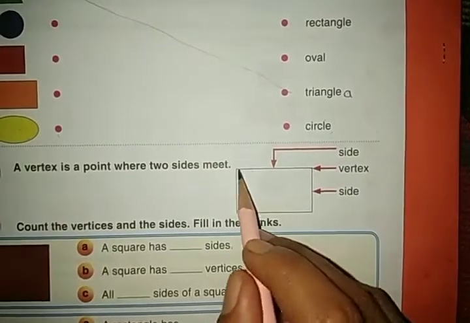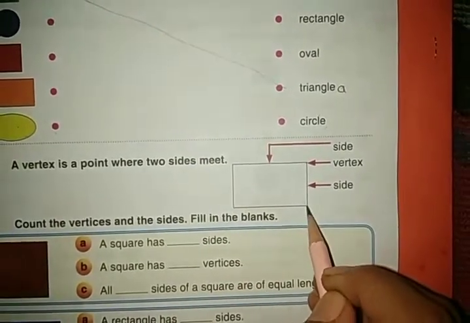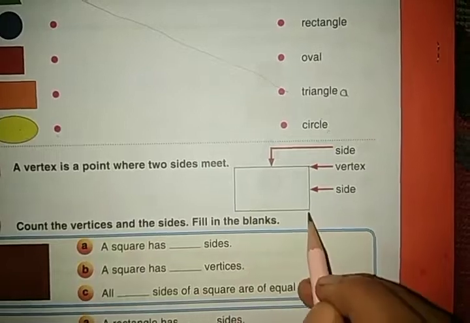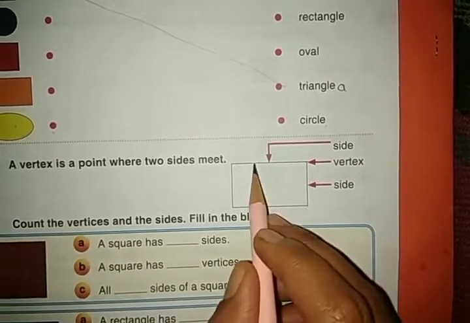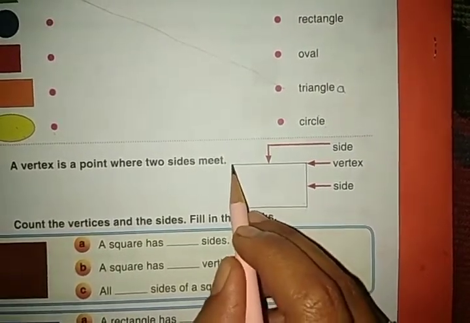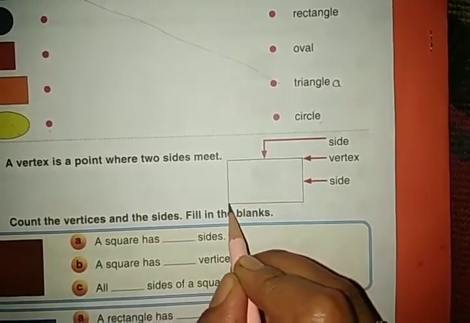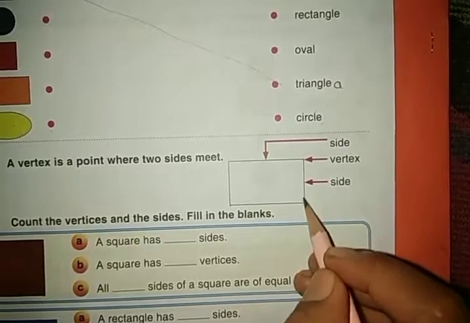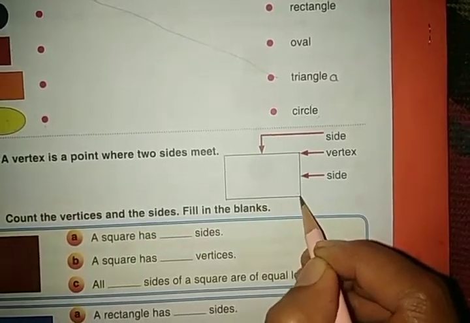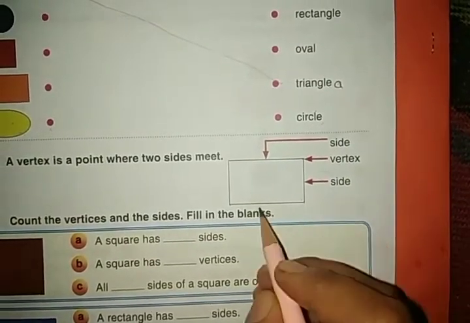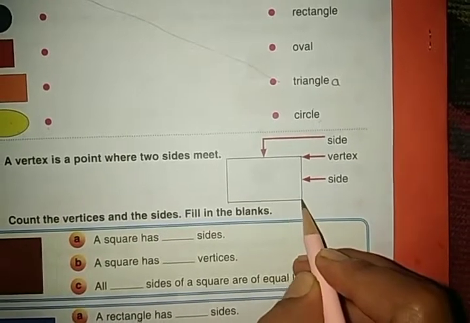Here 1 2 3 and 4 points are present where two lines have joined. Yes, this and this line have joined in this point. Yes, this line and this line have joined in this point. Yes, and these two lines have joined in this point. Yes, these two lines have joined in this point.